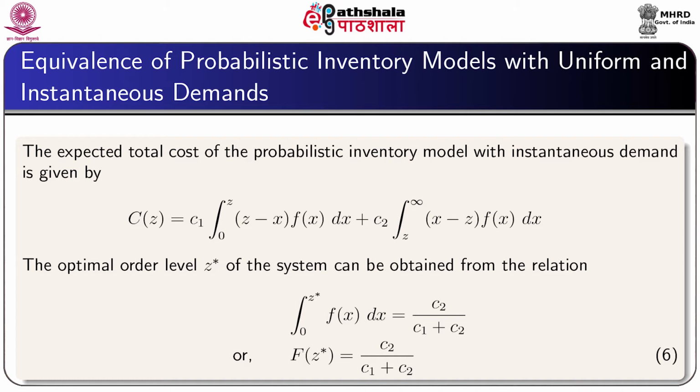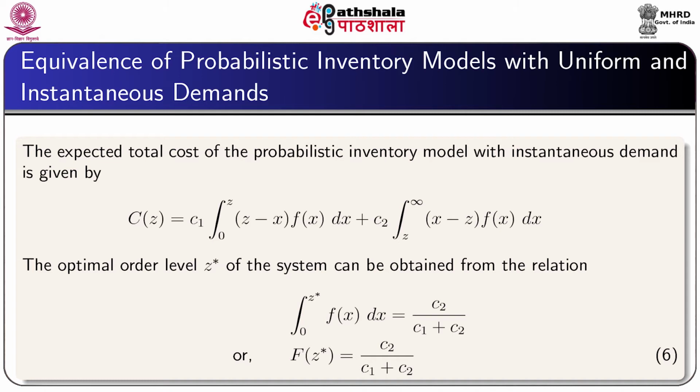The expected total cost of the probabilistic inventory model with instantaneous demand is C(z) equal to C1 integral 0 to z (z minus x) f(x) dx plus C2 integral z to infinity (x minus z) f(x) dx.